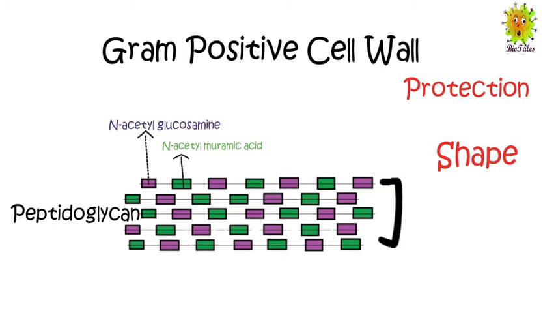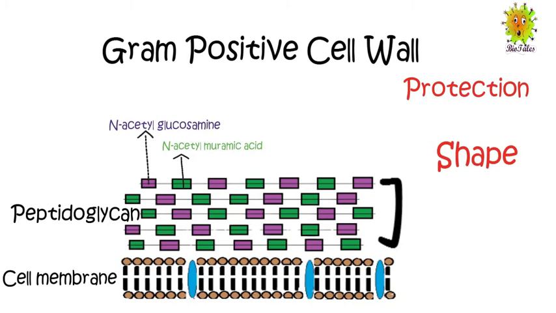The thick layer of peptidoglycan helps to support the cell membrane and provides a place of attachment for other molecules. The thick layers also enable gram-positive bacteria to retain most of the crystal violet dye during gram staining, so the gram-positive bacteria appear purple after gram staining.